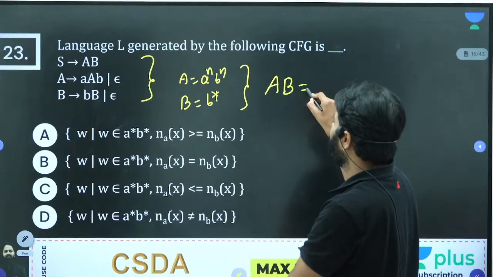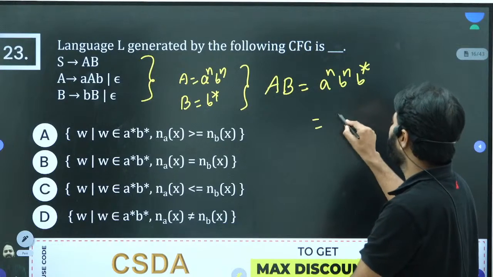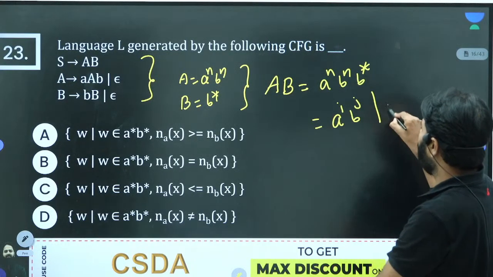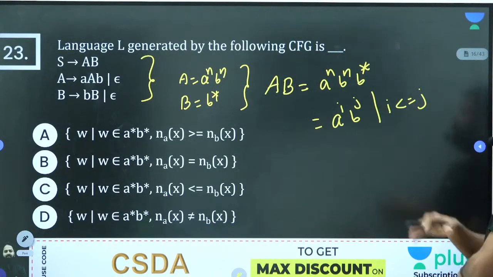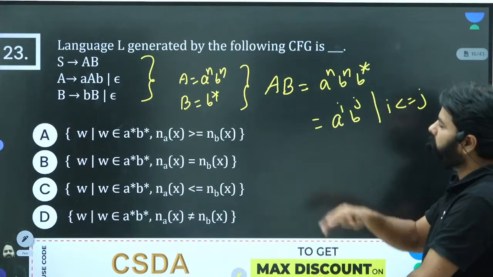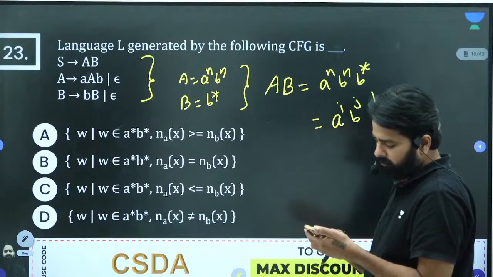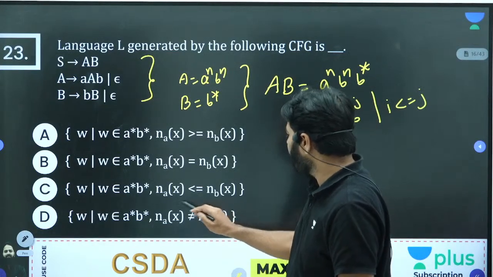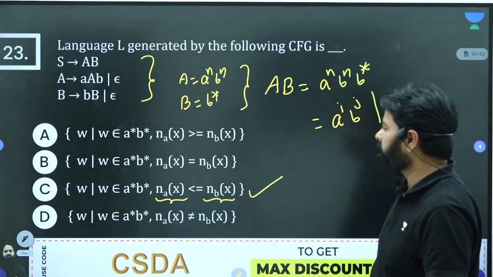AB means A power n, B power n, B star, which makes A power i, B power j, where i is less than or equal to j. J is greater than or equal to i. The number of B's is greater than or equal to the number of A's. So in the options, which one is going to match? Option C. Option C, right? Number of A's is less than or equal to number of B's, and this is the right answer.